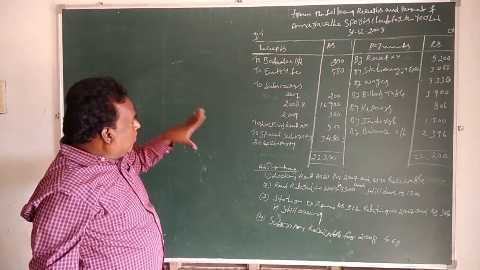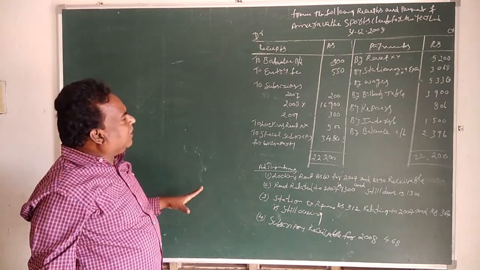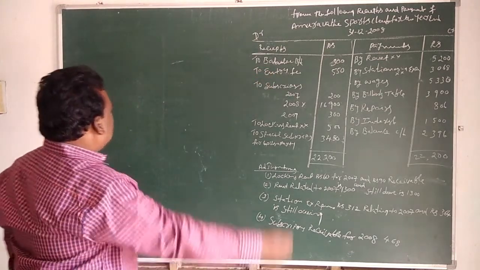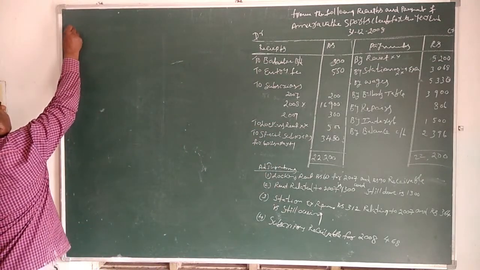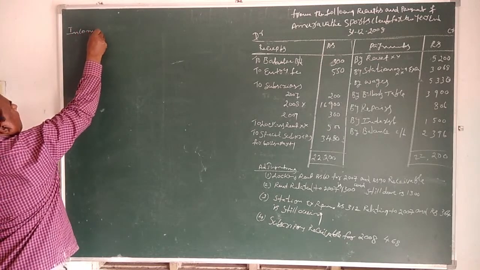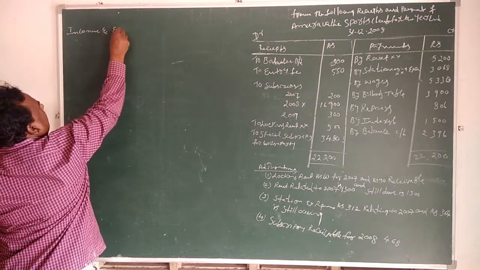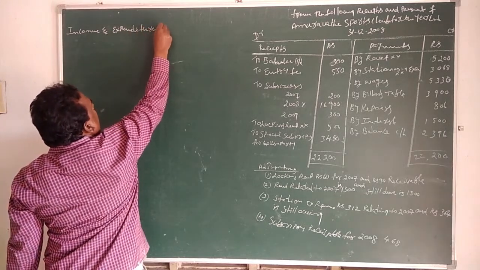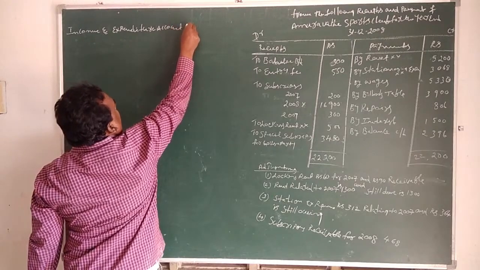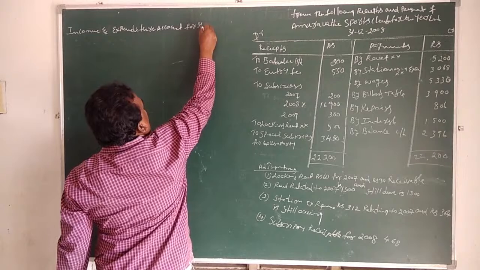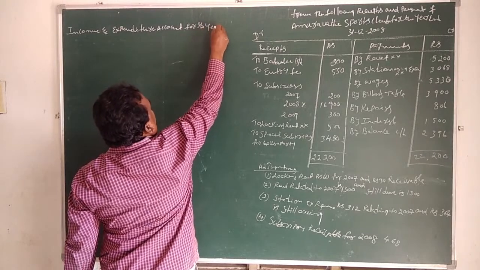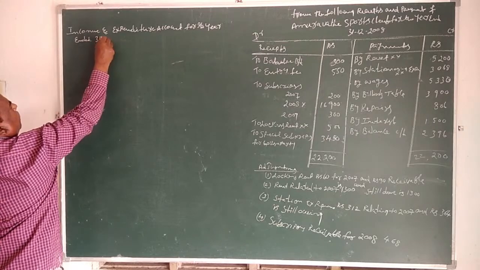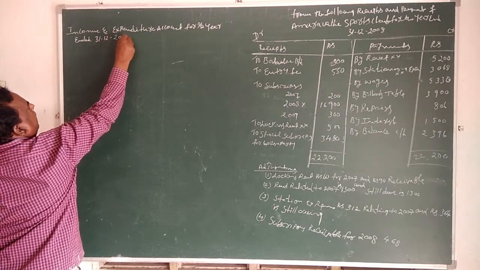So now we would like to design the income and expenditure account for the year ended 31st December 2008.